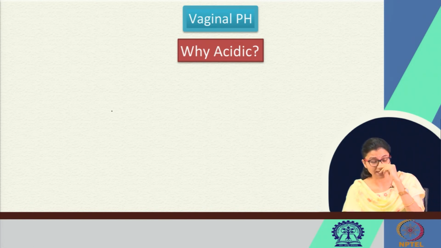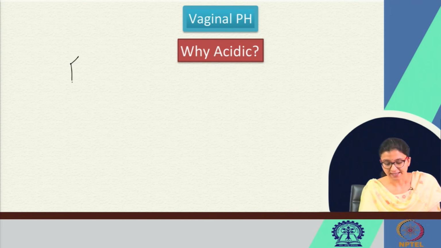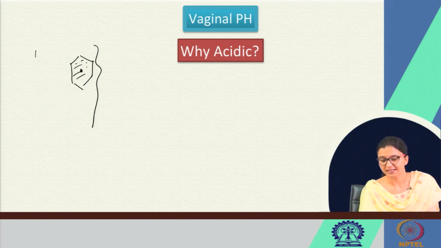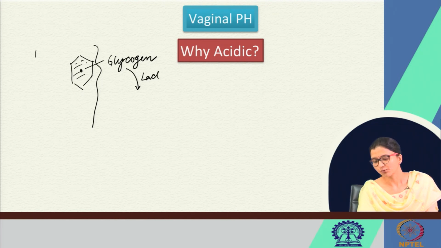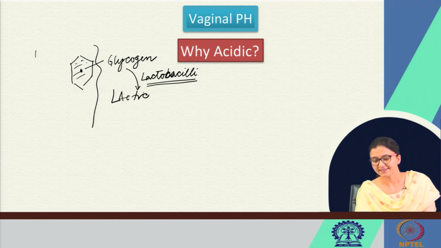Coming to vaginal pH, vaginal pH is acidic. Why is it acidic? That has an answer. The superficial cells, this is the epithelium, have abundant cytoplasm which contains glycogen, and this glycogen is acted upon by lactobacilli. Lactobacilli are normal commensals of the vaginal mucous membrane, and they form lactic acid.